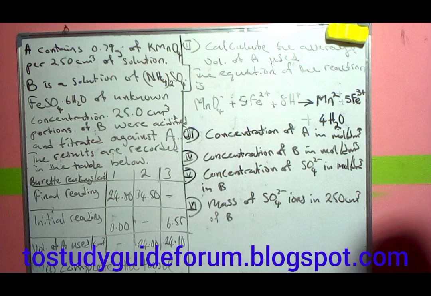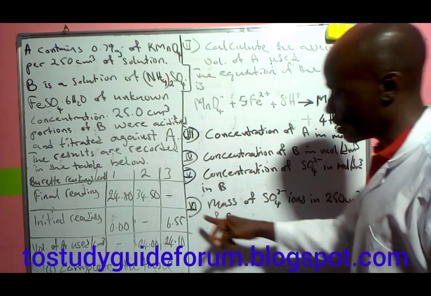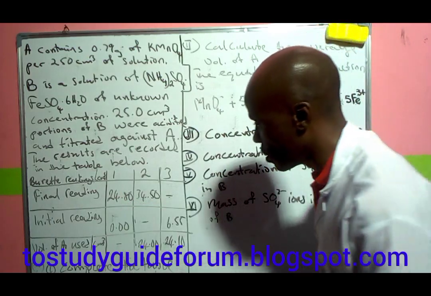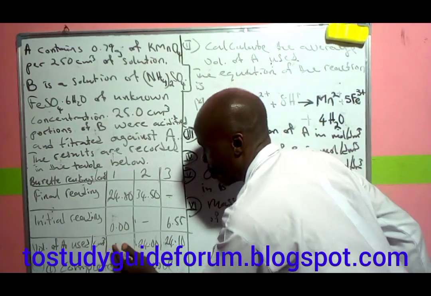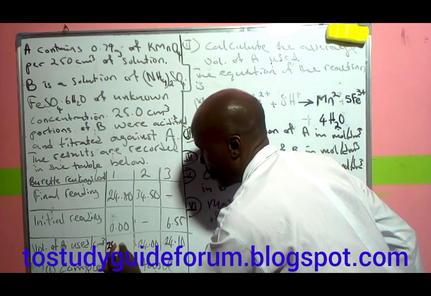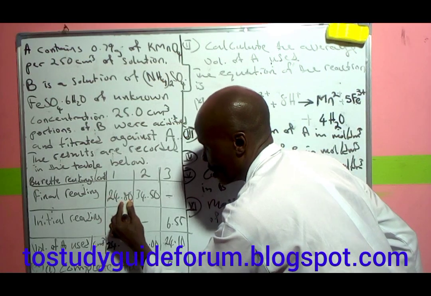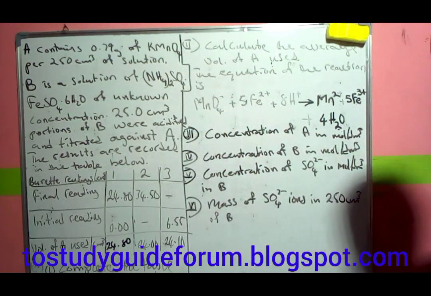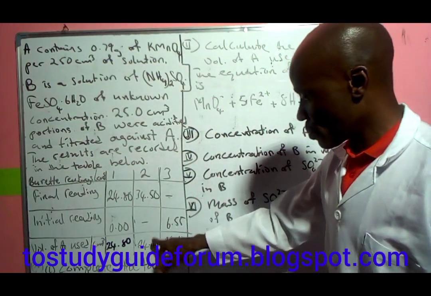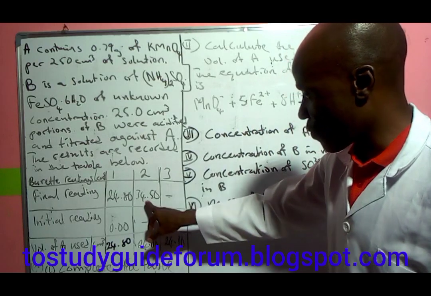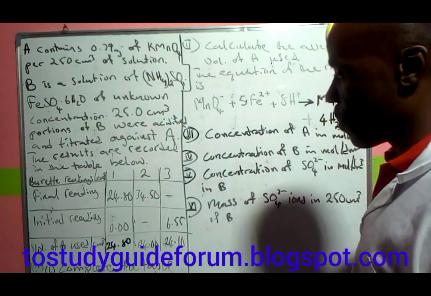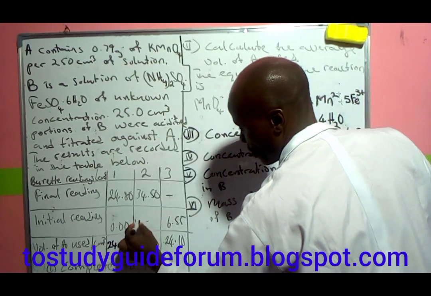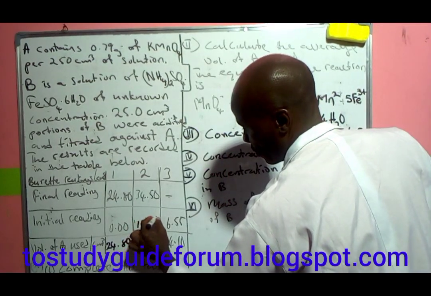To complete the table, since we normally subtract, you subtract 0 from 24.80, and we have 24.80. To get the value here, we will subtract 24 from 34.50, and what should be here will be 10.50.